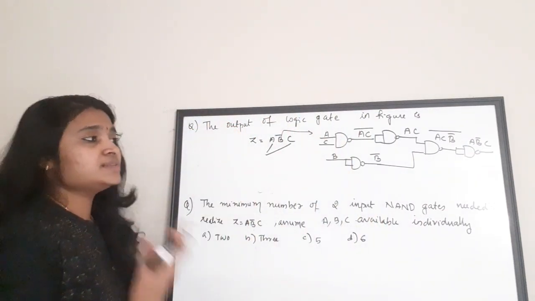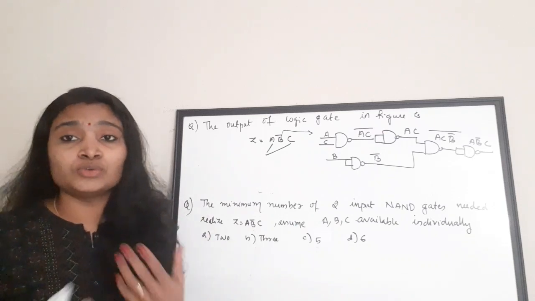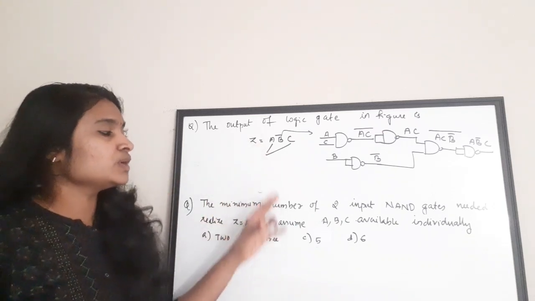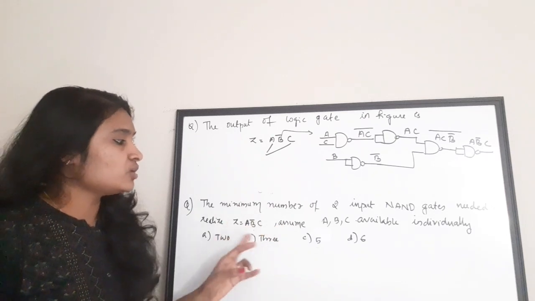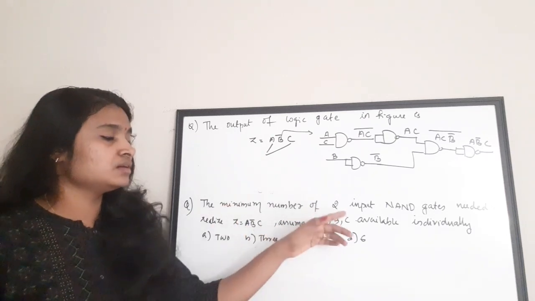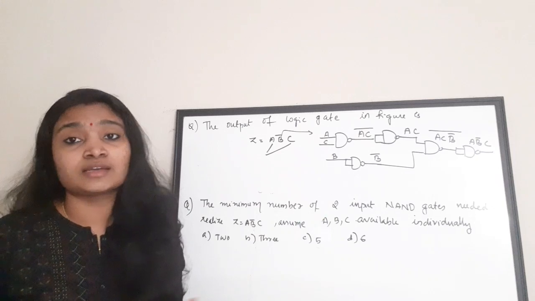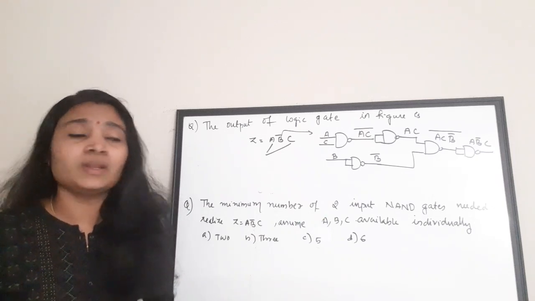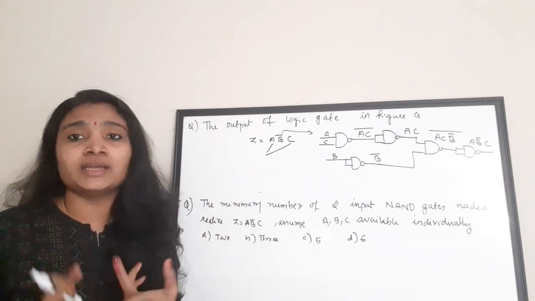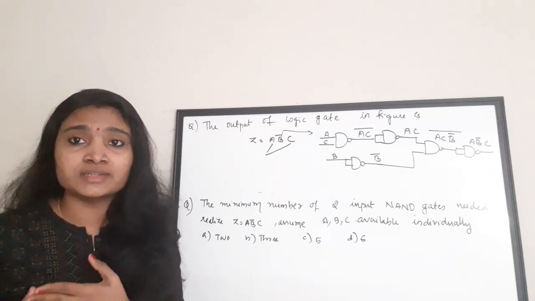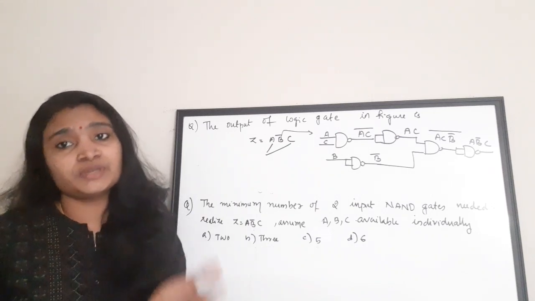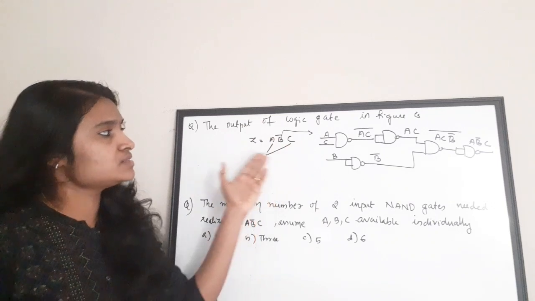This is very simple, but you need to think how to realize this. I have already discussed many questions like this, on the number of NAND gates required to realize an expression. You can apply either Boolean simplification, double complemented form, De Morgan's law, or convert SOP to POS form. Here, if you see, this is a very simple expression.